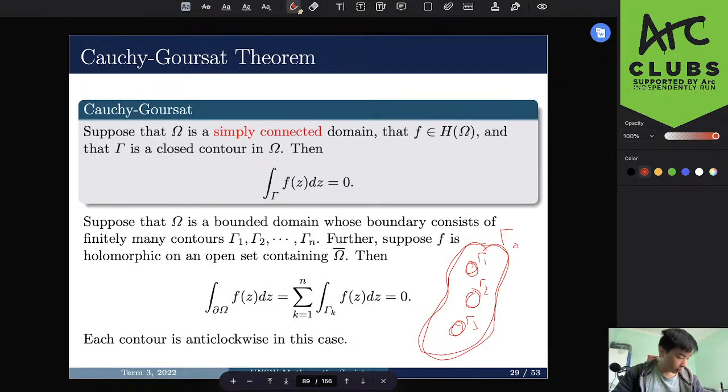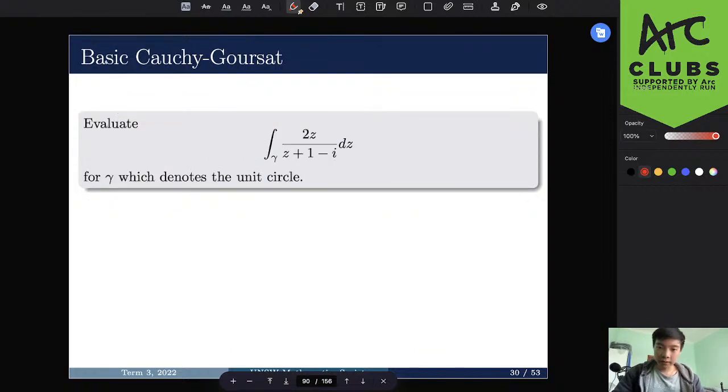And so we have this boundary being traversed anti-clockwise, and in this case these smaller contours are also being traversed anti-clockwise.